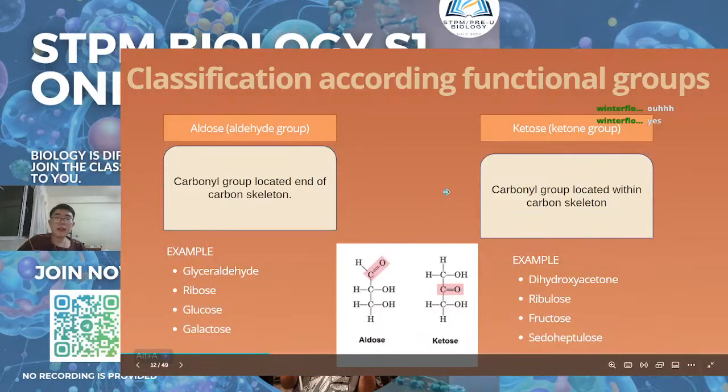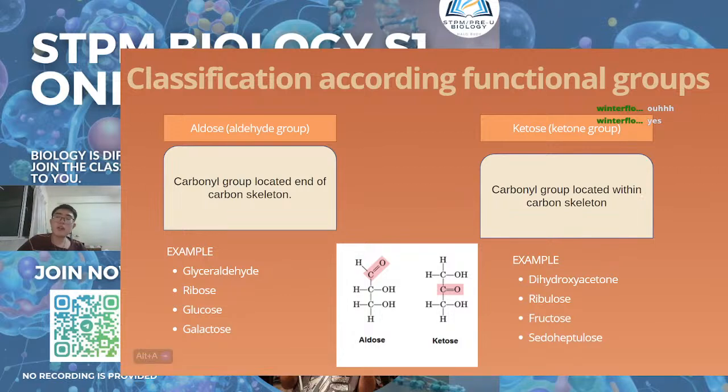Another one is classification according to functional group. The first one is according to the number of carbon, and another classification is according to the functional group. Monosaccharides normally contain 2 main functional groups, either aldehyde group or ketone group.